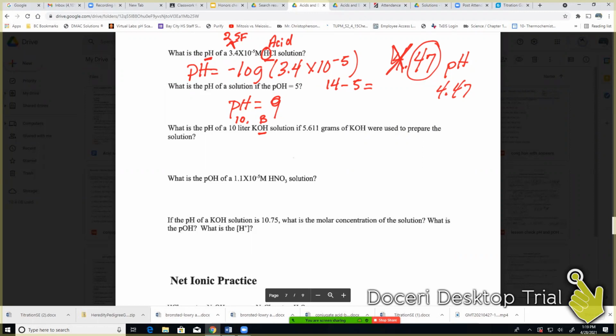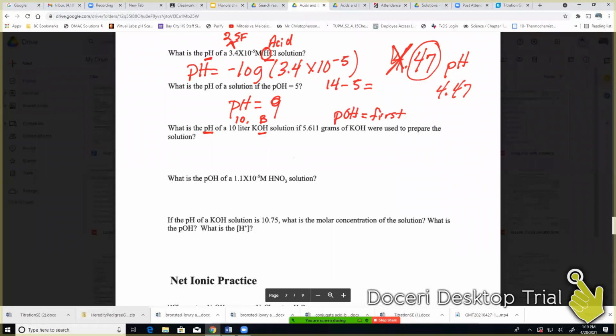So one thing I noticed, it's a base, so I can't find pH directly. I have to do pOH first. And nowhere in there does it give me the molarity of that KOH, but it gives me everything else I need to figure out the molarity.